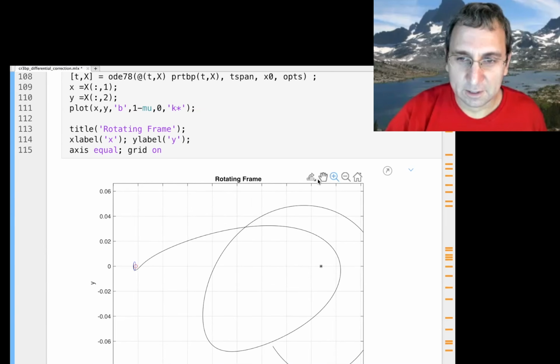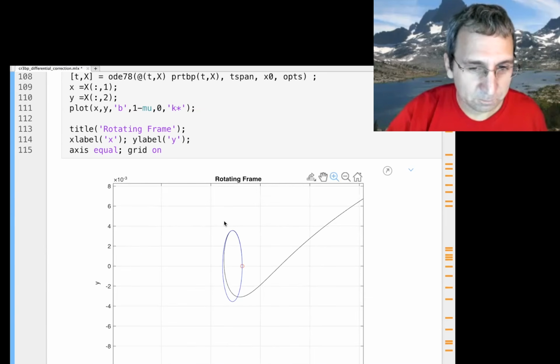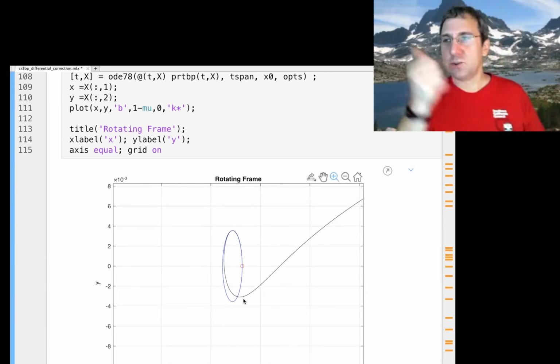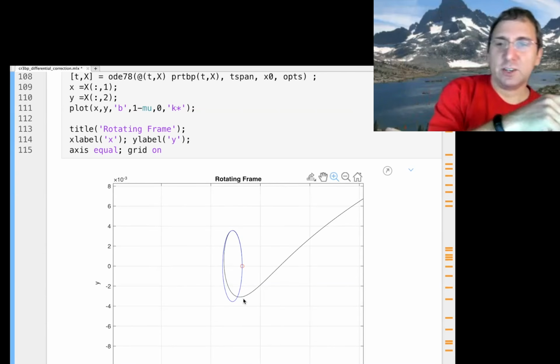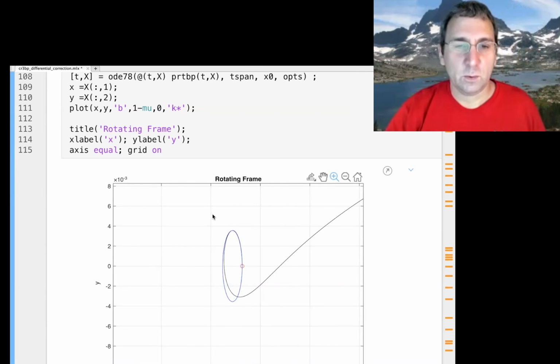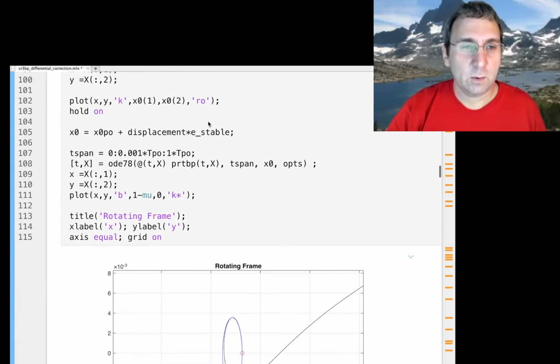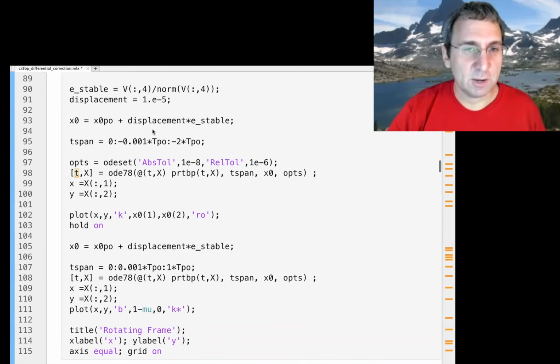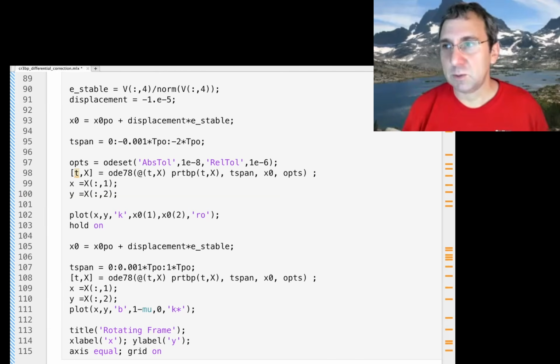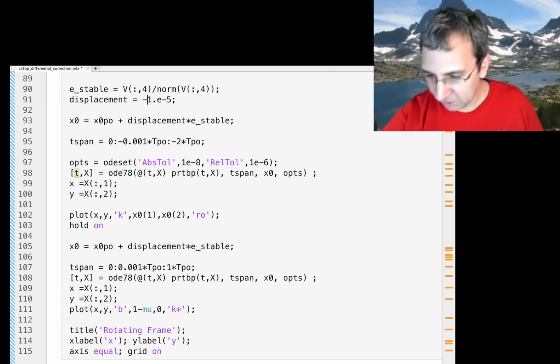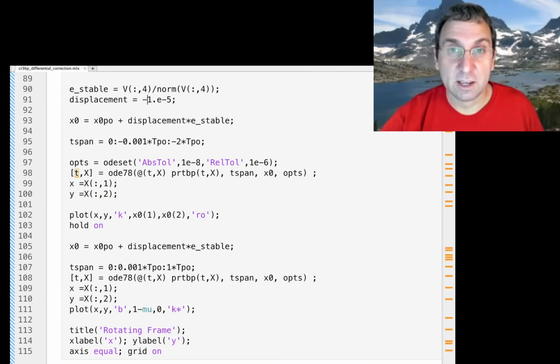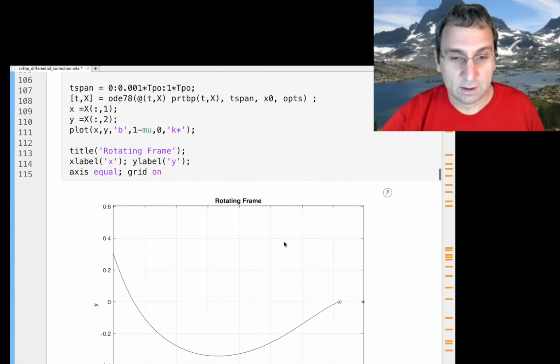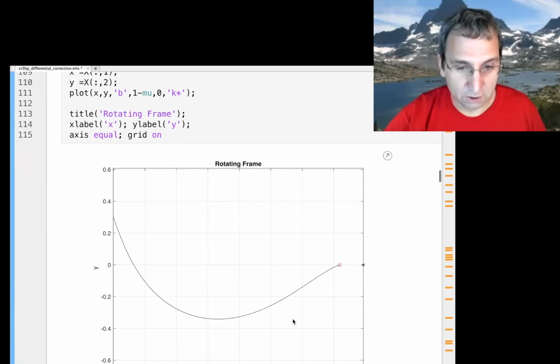So it doesn't do anything unexpected. You might wonder, why did it go in the direction of the moon and not in the direction of the Earth? Well, we could change this displacement. If we made this displacement negative, that means we'll be on the other branch. And I actually don't know what will happen if I do this, but I think it'll go now in the direction of the Earth.